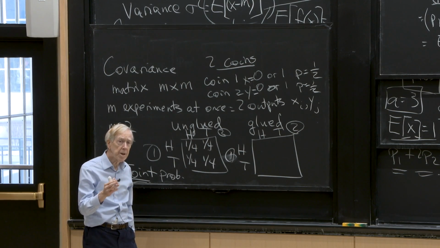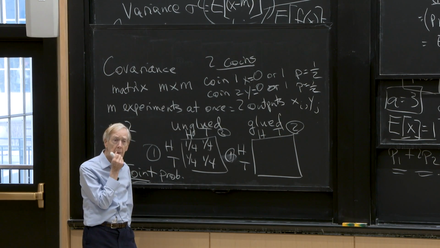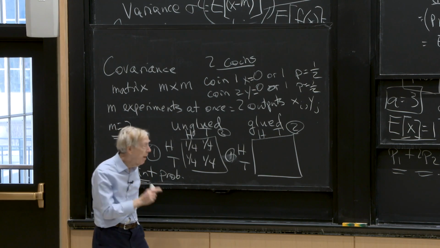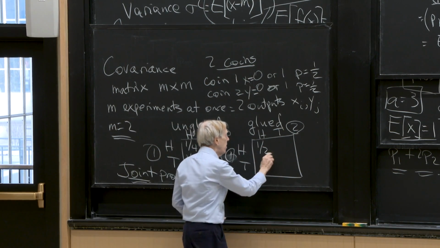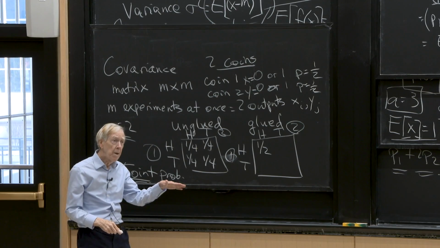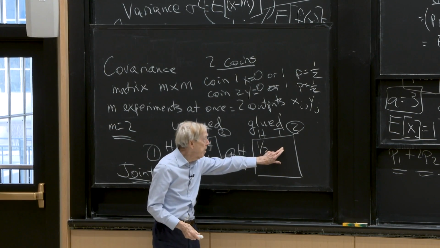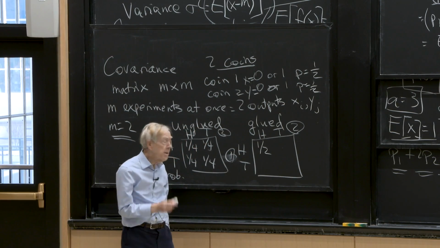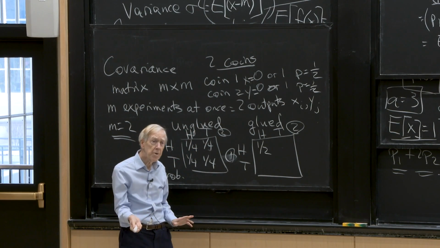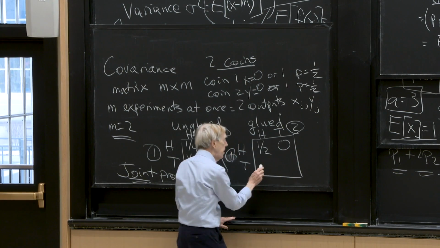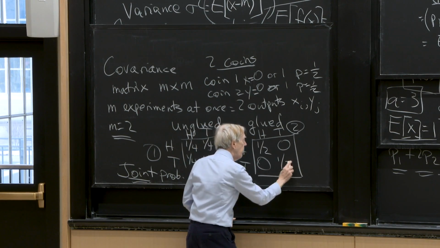What is the chance that they both come up heads? 1/2, right, 1/2. Because if one comes up heads, the other one is glued to it, it will also. What's the probability of heads, tails? Heads on one, tails on the other is, of course, 0, thanks. And here 0, and here 1/2.